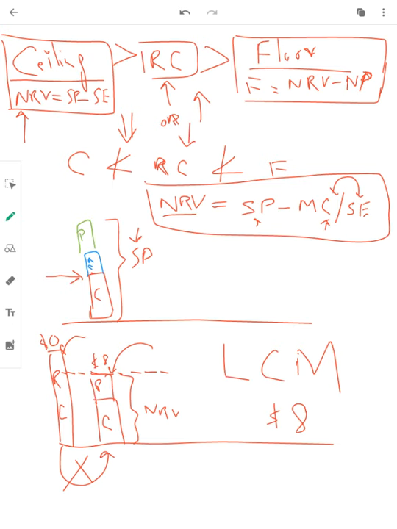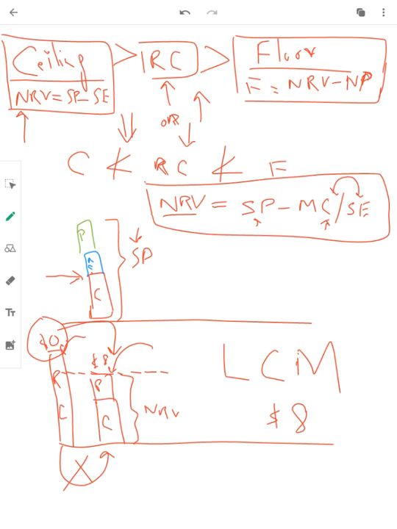Or let me put it another way. If I incurred a cost of $10 to purchase this inventory right now, and then I want to sell it, realize it, how much money will I get? Only $8. $2 I won't get, because that $2 cannot be realized. So you can take it in both ways. This is the reason why replacement cost cannot be greater than the ceiling.